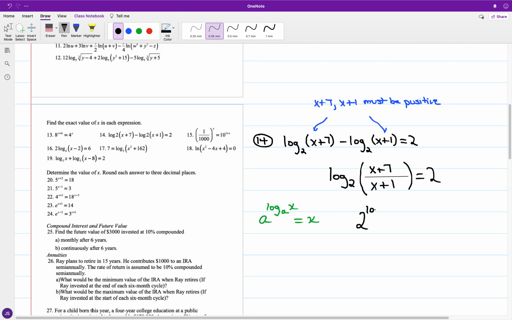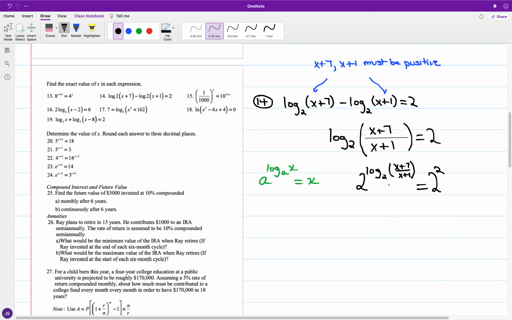So we have 2 to the base 2 logarithm of the quantity x plus 7 over x plus 1 is equal to 2 squared. On the left, what's left over is the ratio x plus 7 over x plus 1, and it's equal to 2 squared, and 2 squared is equal to 4.